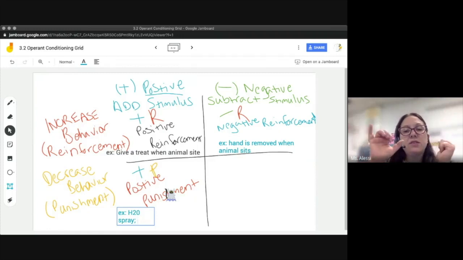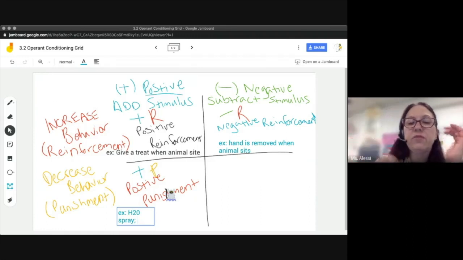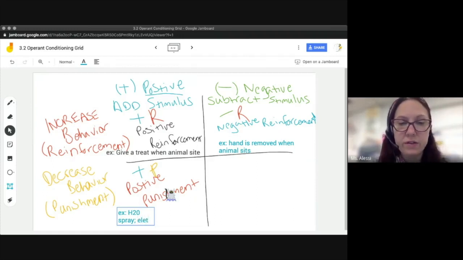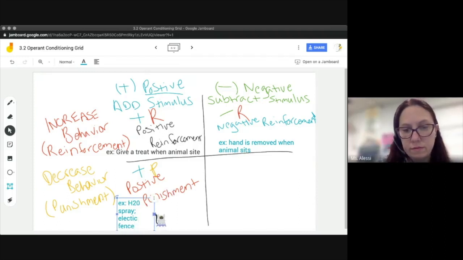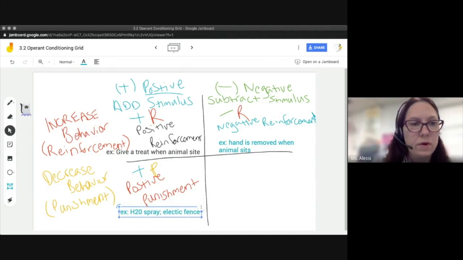There is a gray area between negative reinforcement and positive punishment. You can almost flip a coin on it. It's really about your intent of what you want to have happen. Okay. But this would then also be your electric fence. Okay.